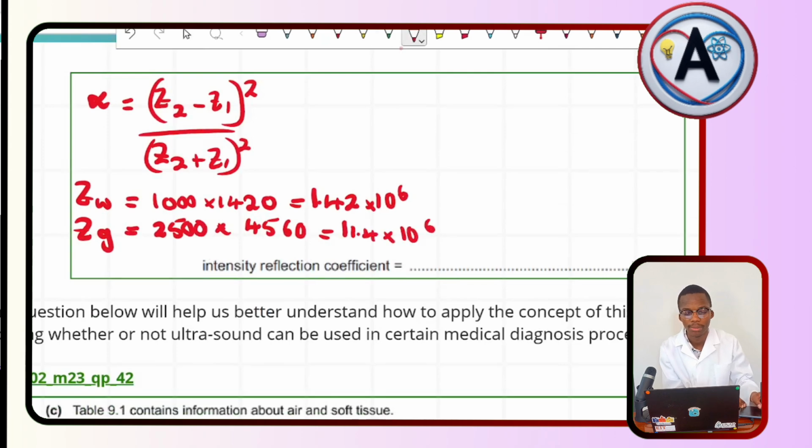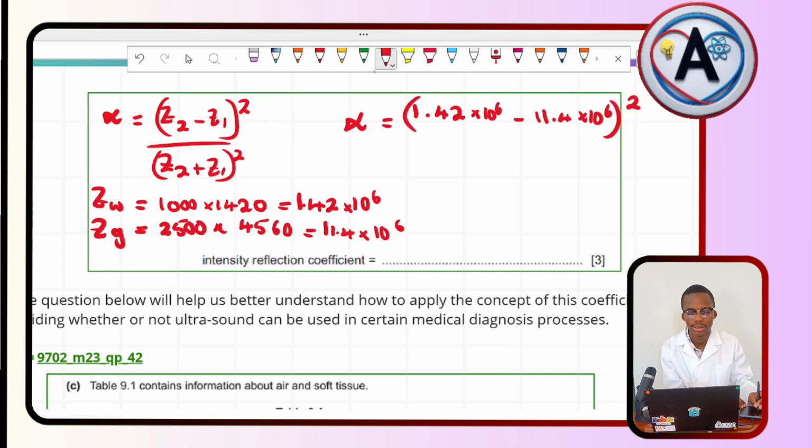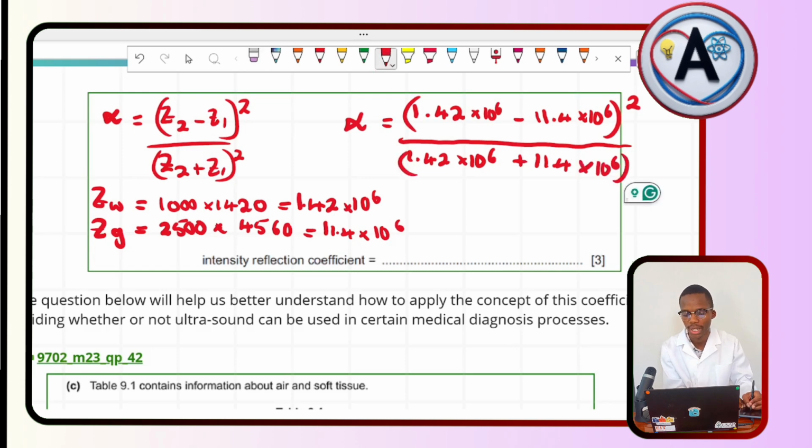So essentially, my value for alpha is going to be 1.42 times 10 to the power of 6 subtract 11.4 times 10 to the power of 6, all of that squared, divided by 1.42 times 10 to the power of 6 plus 11.4 times 10 to the power of 6, all of that squared.